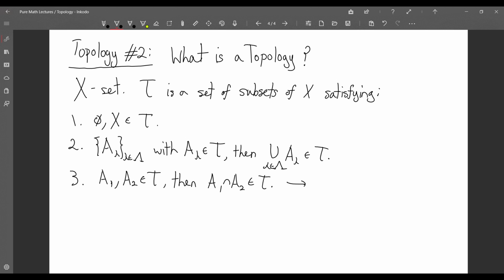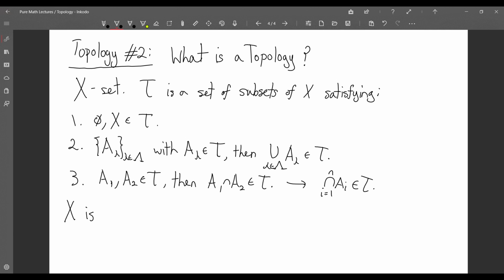And this can actually be generalized to show that if I take an intersection over finitely many A sub i, where each A sub i is in T, this is also going to be in T, right? And you can prove this by induction, actually.